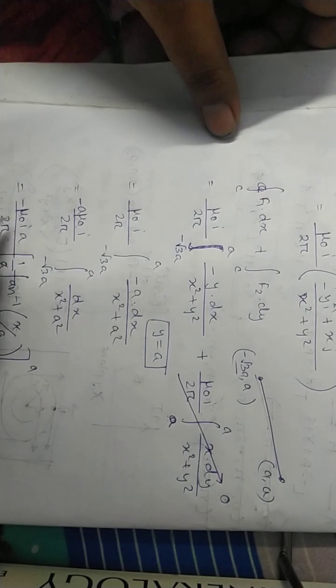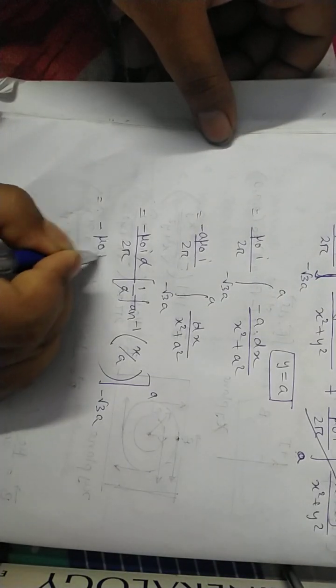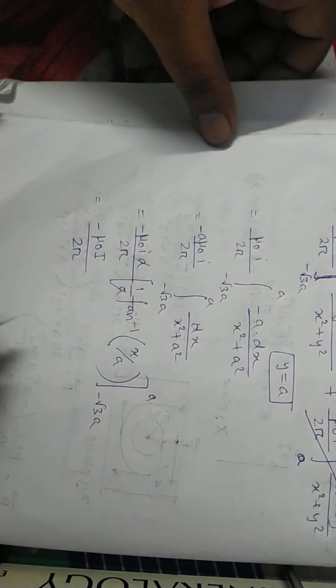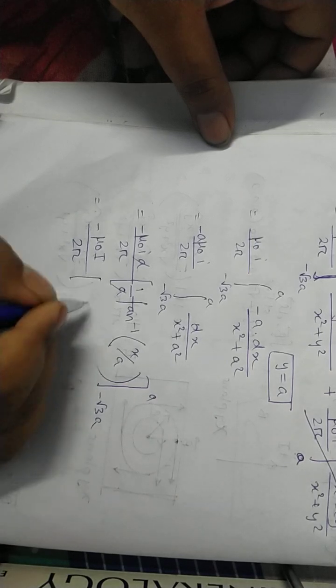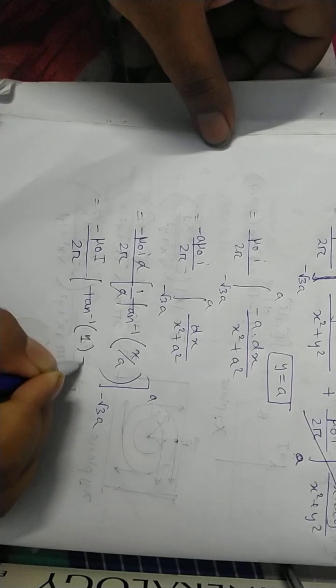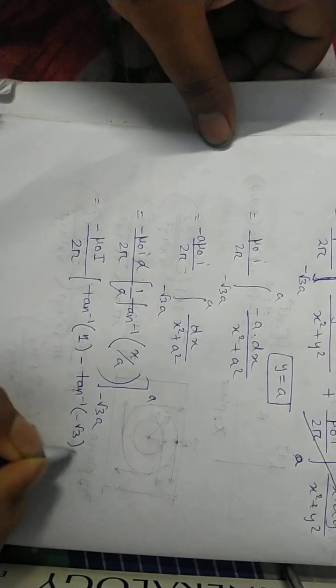We have a and minus root 3 a, so the a cancels, giving minus mu naught I. Since in the question it is capital I, I have also written capital I. Tan inverse of a by a is pi by 4, and in the second, minus tan inverse of minus root 3 is minus pi by 3.